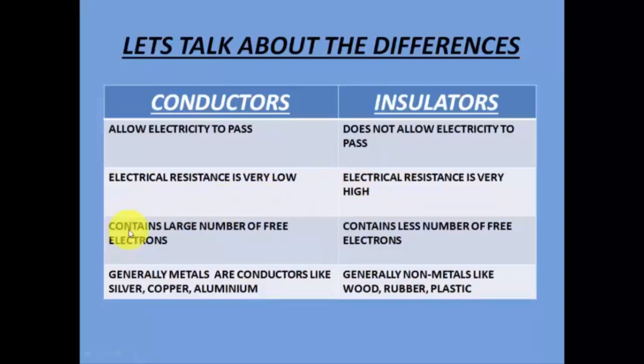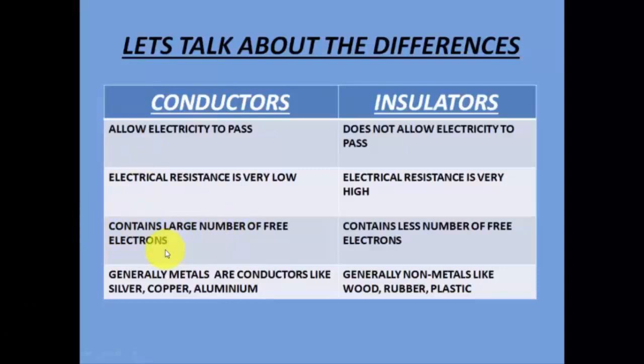Now tell me, if an object is a good conductor of electricity, generally what happens? There will be a large number of electrons flowing through it, because how does current flow? Current is nothing but the flow of electrons. So if an object is a good conductor, that means there are a large number of free electrons inside it.